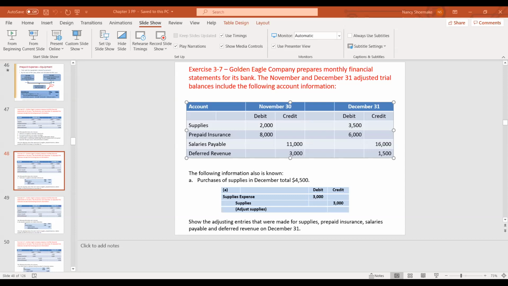Supplies expense of 3,000, we would credit our supplies of 3,000 to end up with a debit in our supplies account of 3,500. Does that make sense, guys?